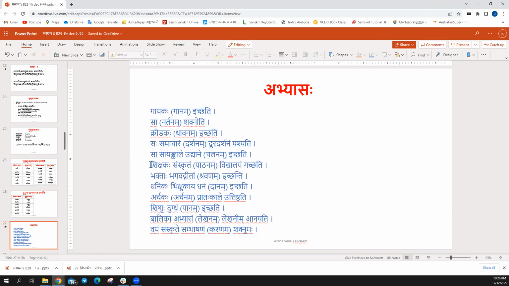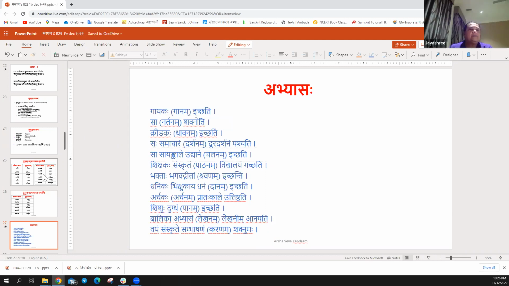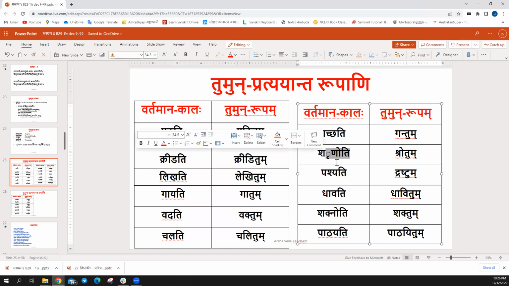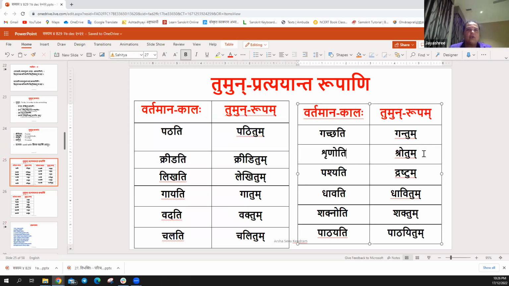What was shravanam? Shrotum. Shrunoti, shrotum.